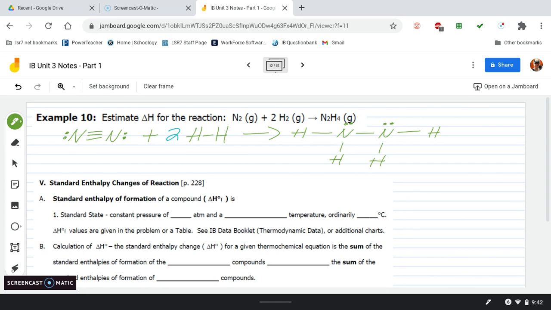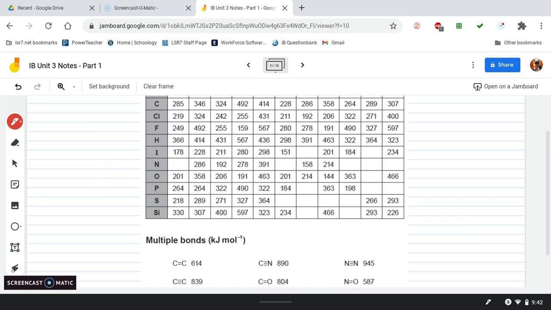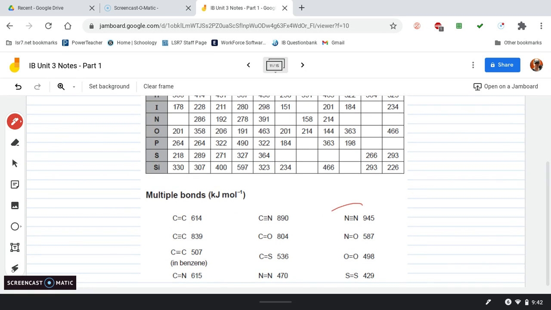Okay, so let's remember that this side is positive and this side over here is going to be negative, but you've got to add that negative for anything on the right side. And then we're just going to add them all up. Okay, so let's go to the chart. Triple bonded N. Going to look that up first. Looks like 945.